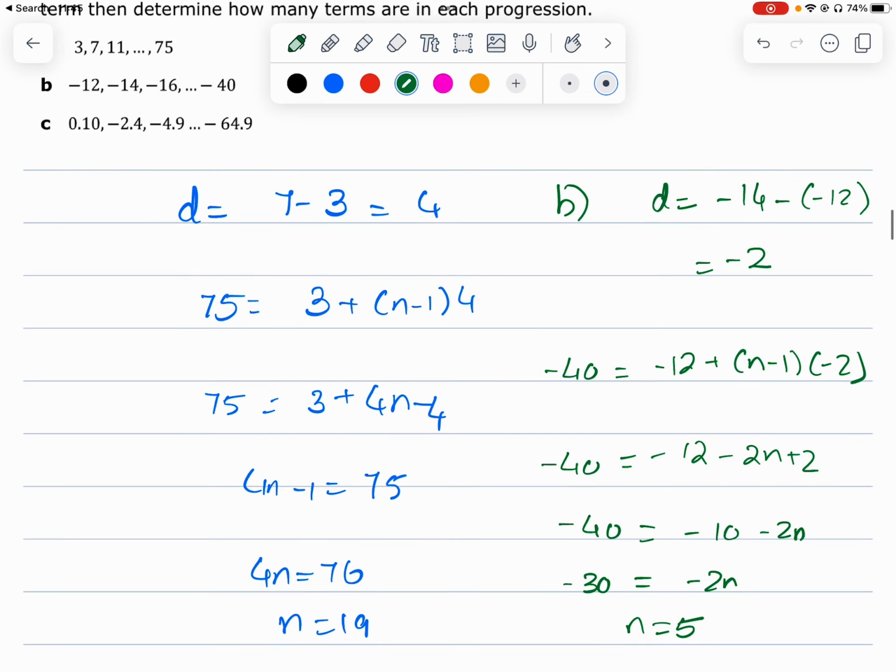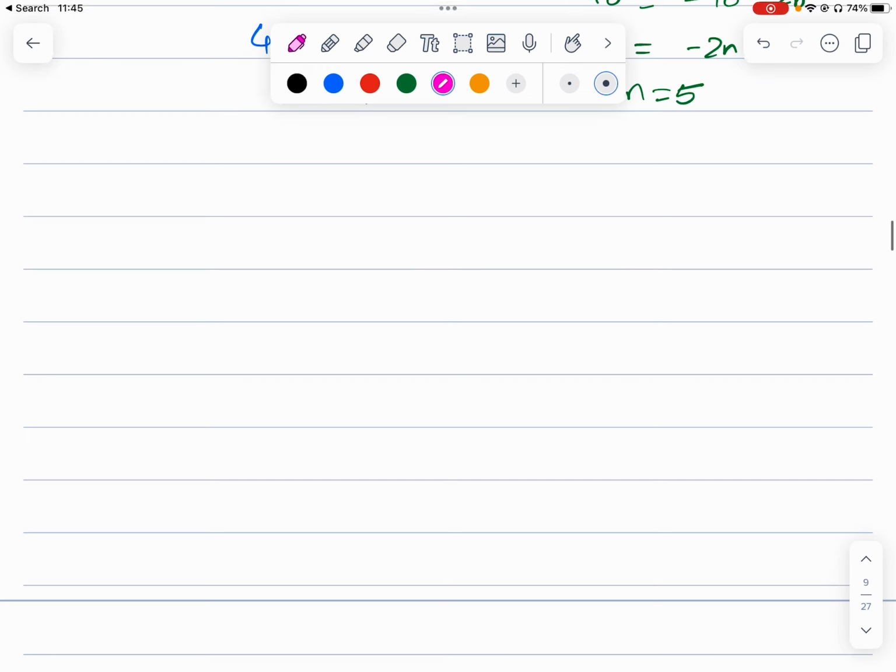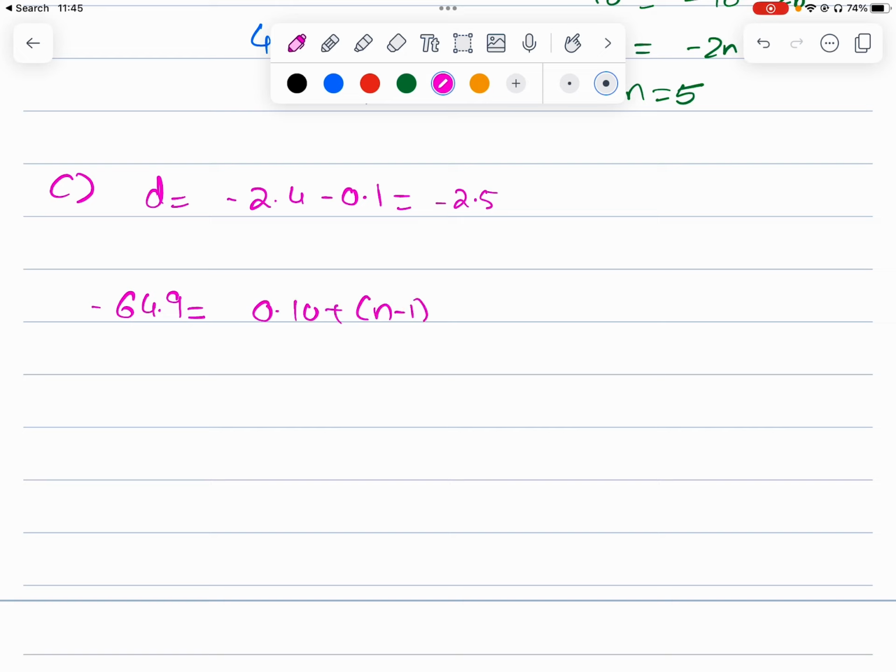Coming to part C, common difference equals negative 2.4 minus negative 0.1, which is negative 2.5. So the nth term is negative 64.9 equals 0.10 plus (n minus 1) times negative 2.5.